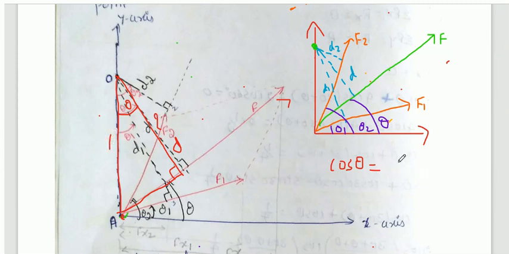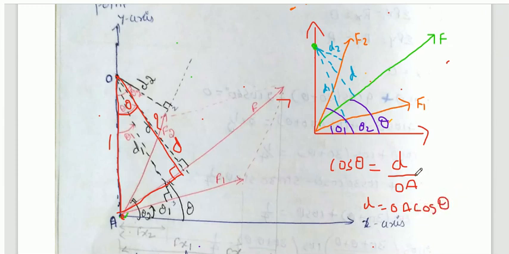So this side, D, divided by hypotenuse OA. Is it clear? Okay, so now from this you can write D is equal to OA cos theta.